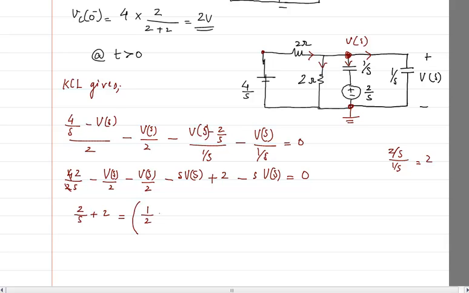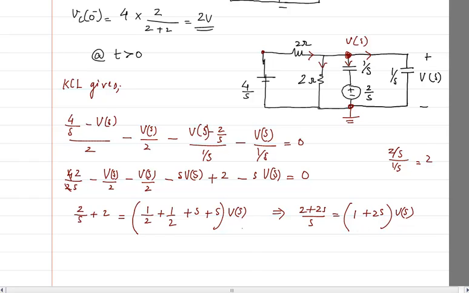So it is 1 by 2 plus 1 by 2 plus S, multiplied with V of S, from which I get (2 plus 2S) by S is equal to (half and half will become 1, plus 2S) V of S.